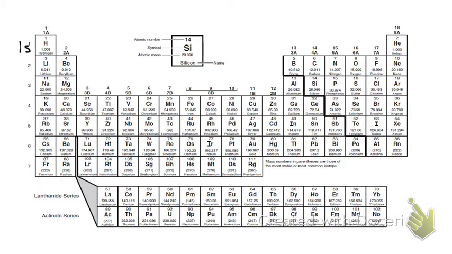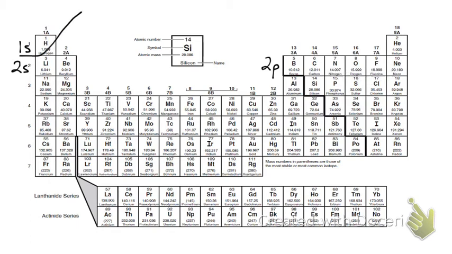Next, we go to 2s. So we have 1s1 here, 2s1, 2s2, and when we get to the right side, however, this becomes 2p. So we have 2p1, 2p2, 2p3, 2p4, 2p5, and 2p6.